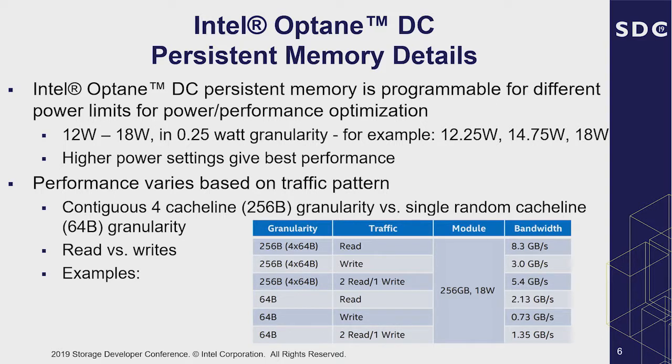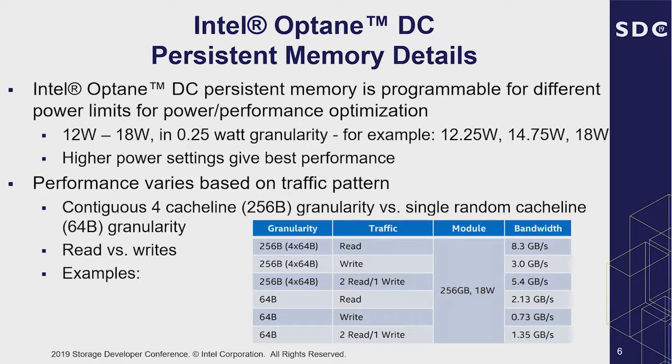Depending on what slots you populate on the board, you can have 2 DRAM and 1 DC persistent memory and only take up half of the slots, all the way up to what we call a 222 configuration, where each socket can have 6 DRAM and 6 DC persistent memory. You can have a total of up to 6 terabytes on a 2-socket Cascade Lake system. What people can do with 6 terabytes, that's a lot of memory.